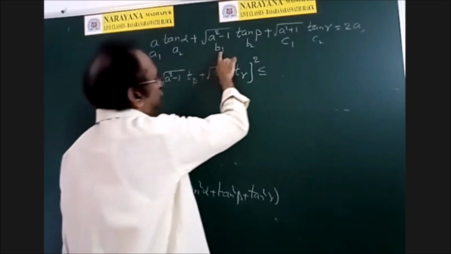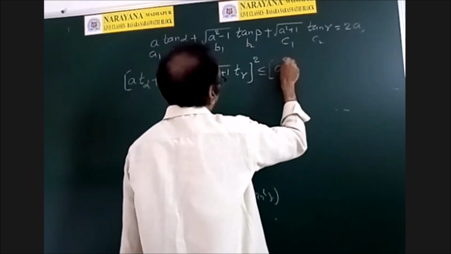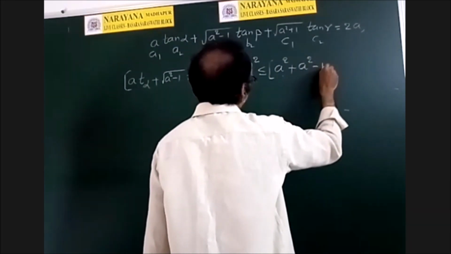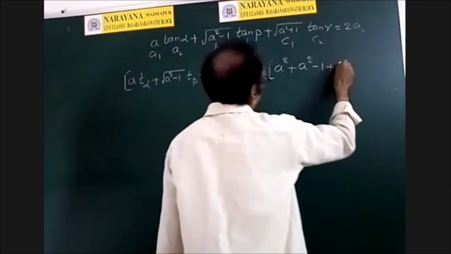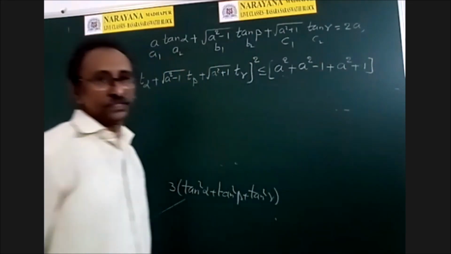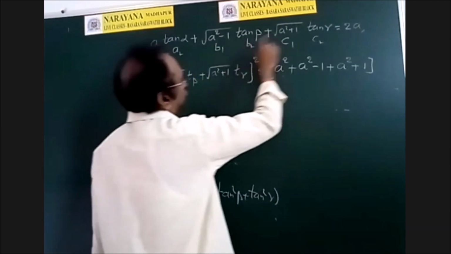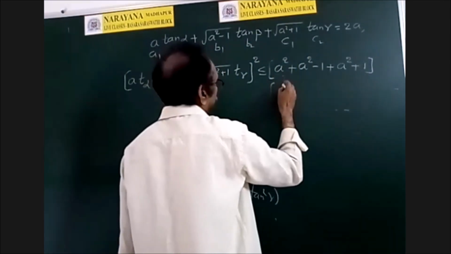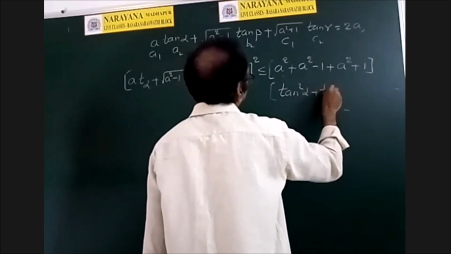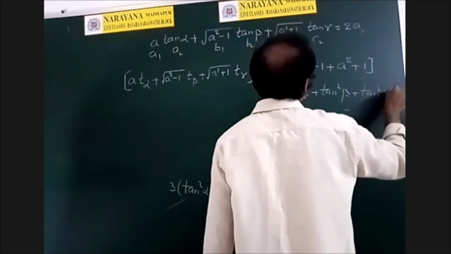A1 square plus B1 square plus C1 square. A1 square means A square, B1 square means A square minus 1, and C1 square means A square plus 1, into the other factor, A2 square plus B2 square plus C2 square, that is tan square alpha plus tan square beta plus tan square gamma.